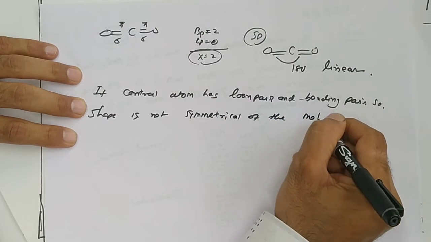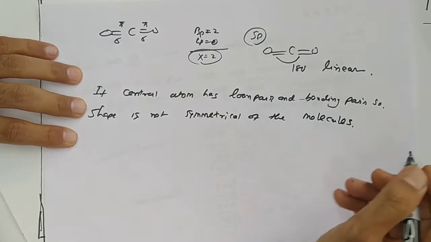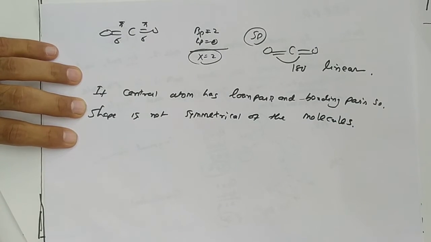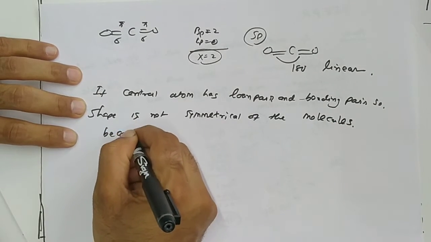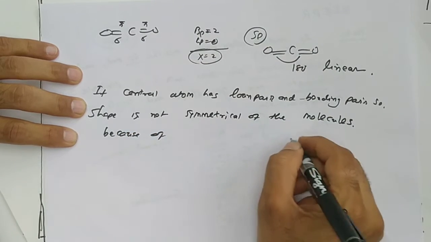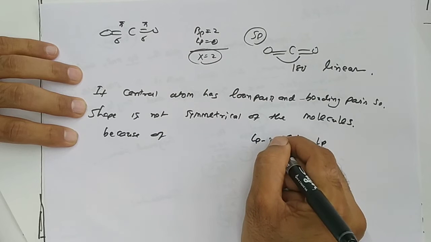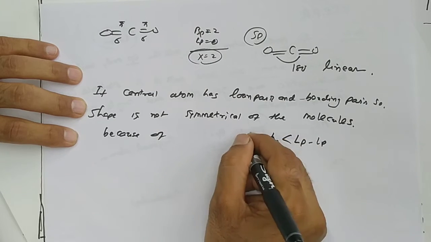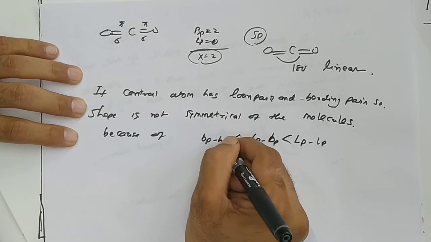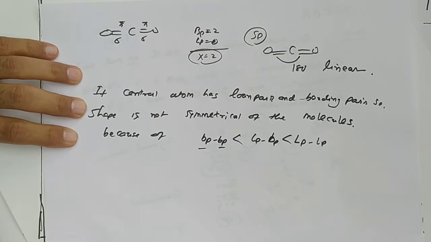The shape should be asymmetrical because the repulsion between lone pairs is higher than between lone pair and bonding pair, and the lowest repulsion is between bonding pairs.